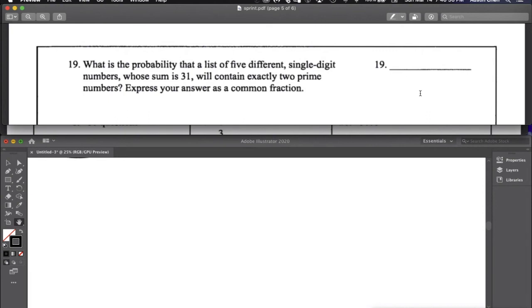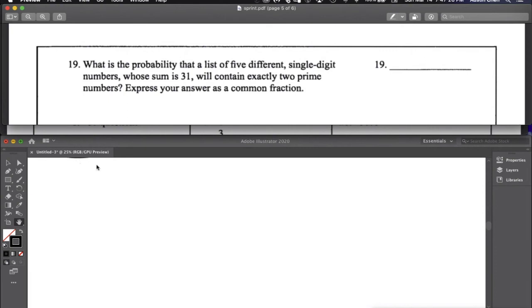Because it's so unrelated and you can't really have any equations describing it, you pretty much just have to list out your lists and look at your probability that way, which is just the number that satisfies your condition over the total number of lists. So let's think about our possible lists.